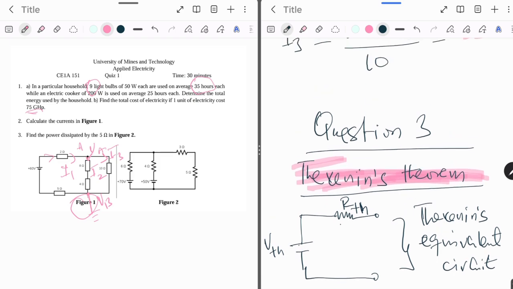So remember, the part that we are going to be converting is going to be the load part of the circuit. So with your circuit diagram, you divide into two, the load part and then the unload part.